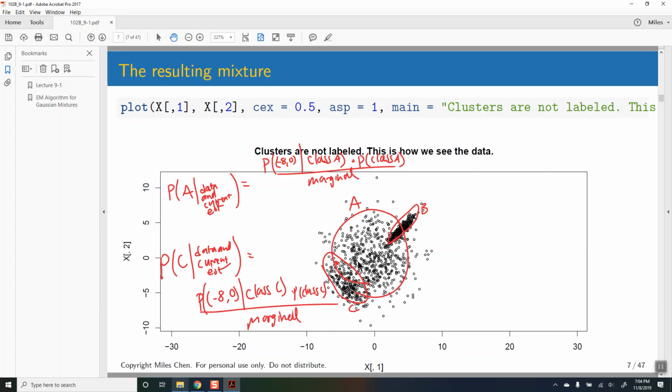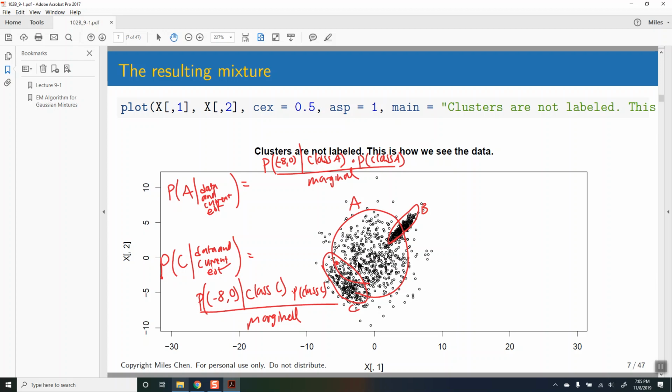So all the points have a probability of belonging to class A, a probability of belonging to class B, and a probability of belonging to class C. So what is the mean of class A?